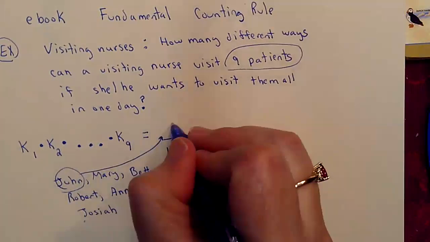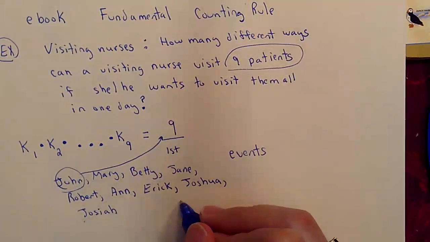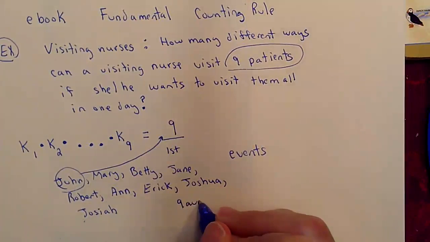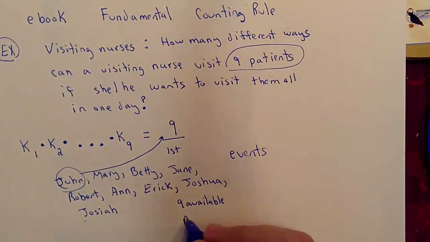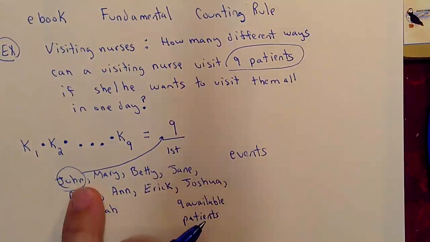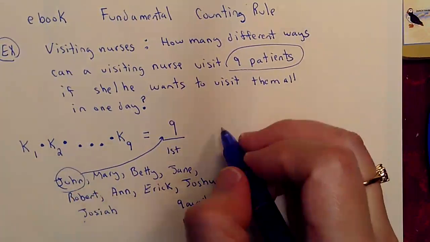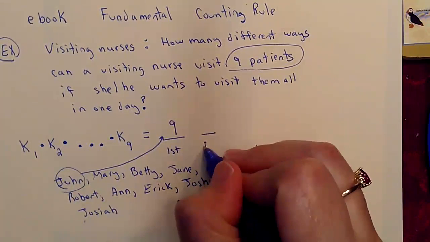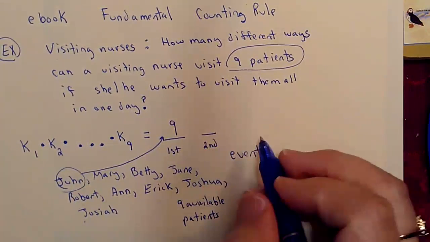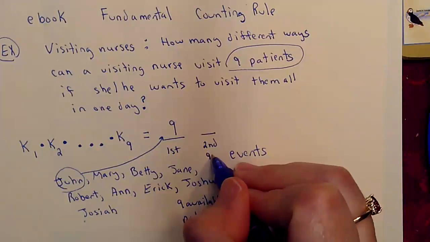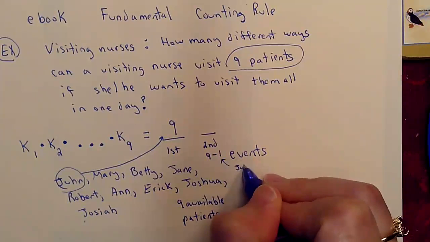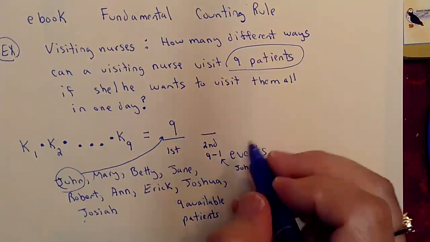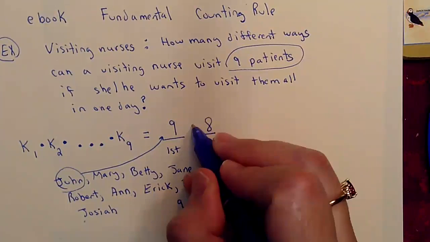So you have 9 available patients. But once the nurse sees John, then on the second event, this is going to be 9 minus 1 because you already saw John. So 9 minus 1 is now 8.